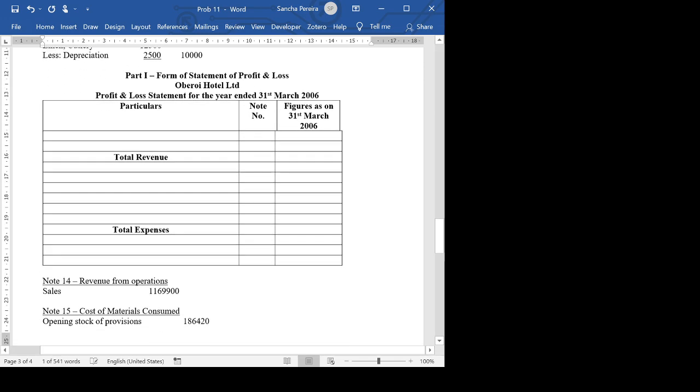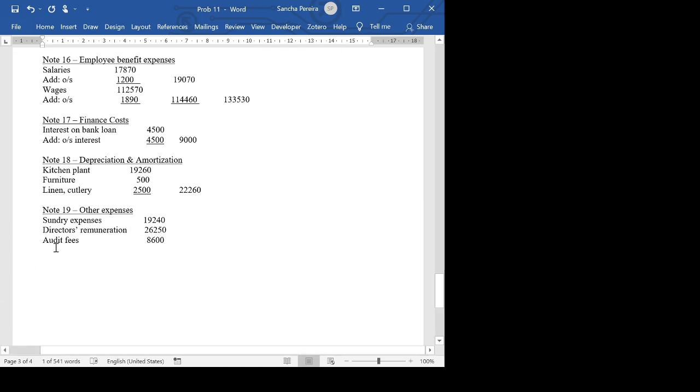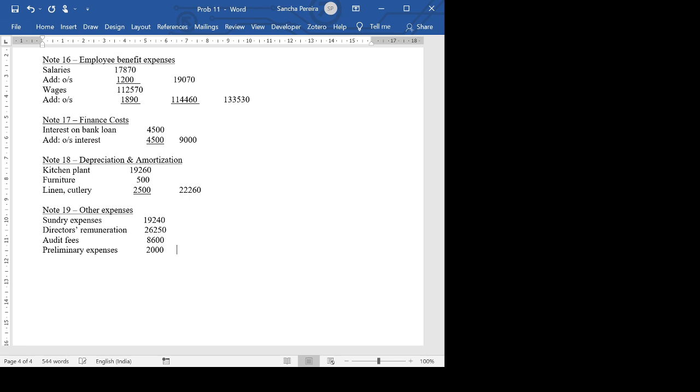So this 2,000 also comes in other expenses as preliminary expenses written off, the part that is written off. So we can get a total here. This will come to 19,240 plus 26,250 plus 10,600, which comes to 56,090.